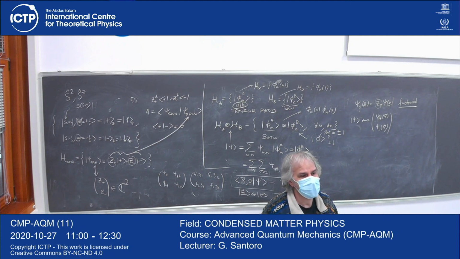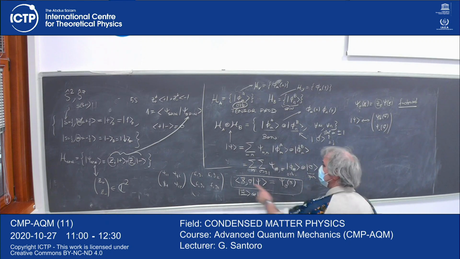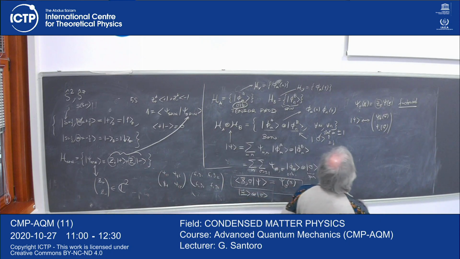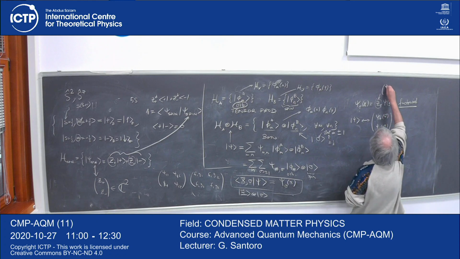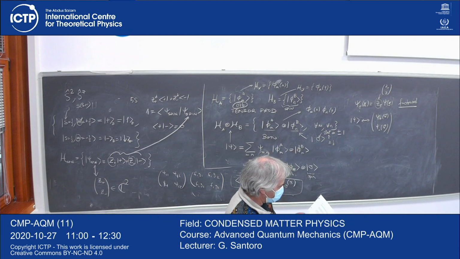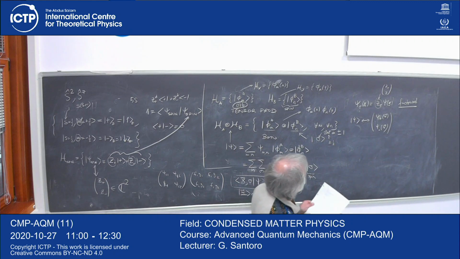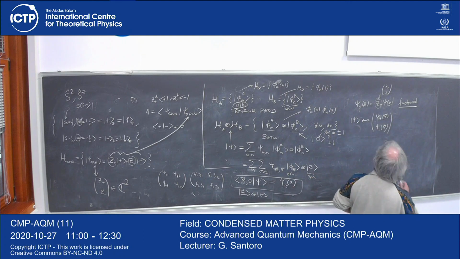Yeah? What is the sigma? It's just the factor. Which one? Oh, it's the same z that you have there. So this is just z plus and z minus that you have there. Complex numbers. Okay. So as you see, this is a very special choice. This is the most generic choice.